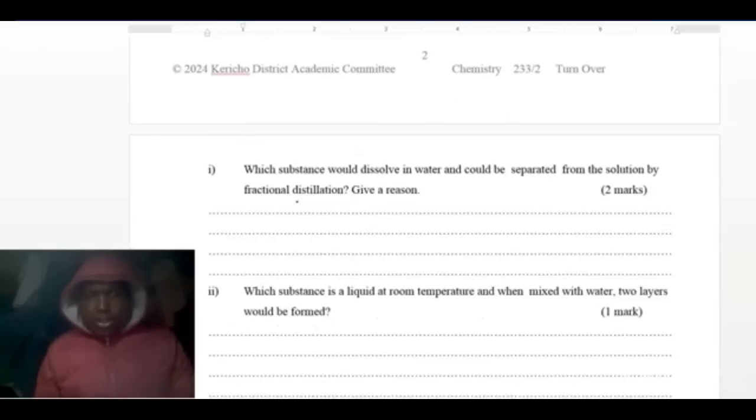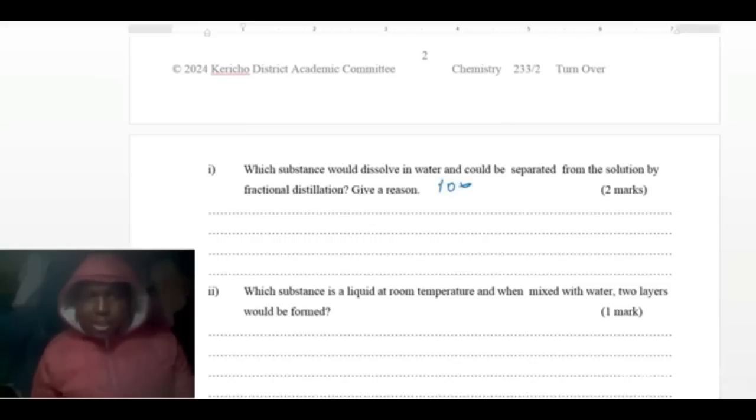You should know the conditions necessary for separating a substance using this method. For these two substances, one, they must have different boiling points. Two, the boiling points must be close to each other. Now the boiling point of water is 100, right?